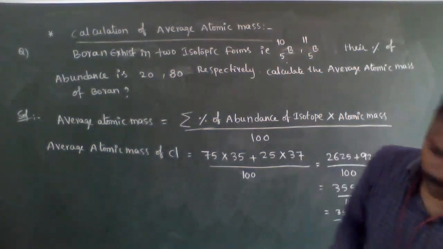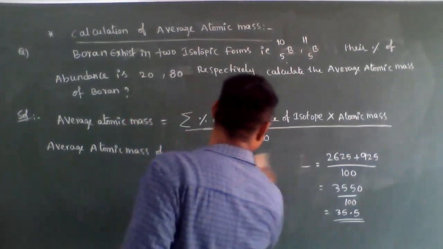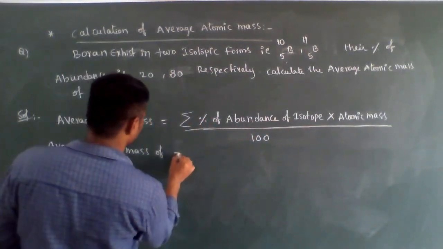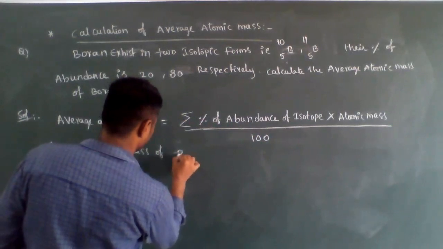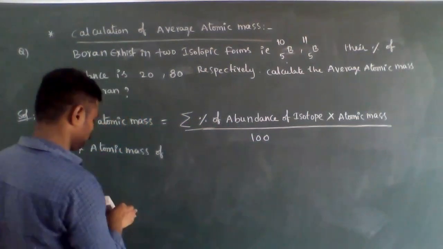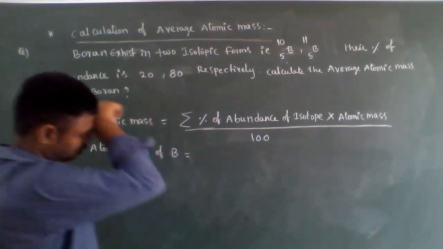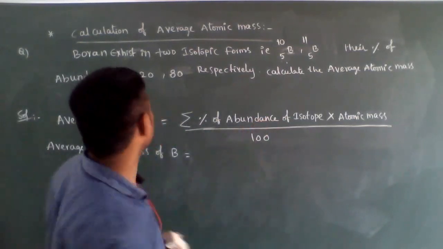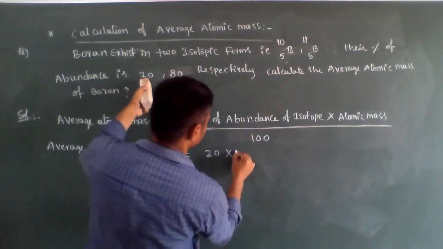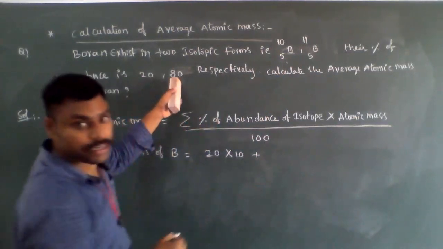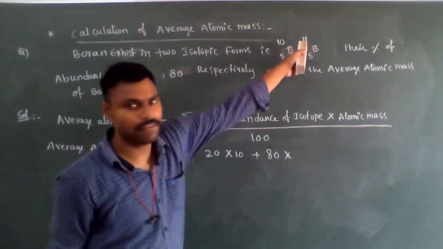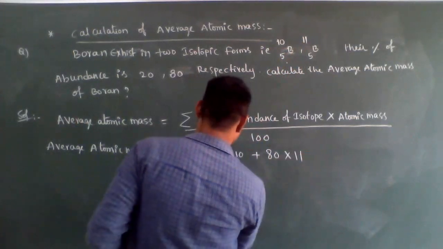Now see, the average atomic mass of boron is equal to sigma percentage of abundance of isotope times corresponding atomic mass: first 20% with atomic mass 10, the second 80% with atomic mass 11, by 100.